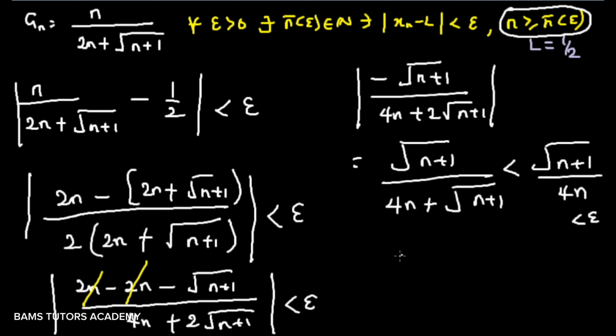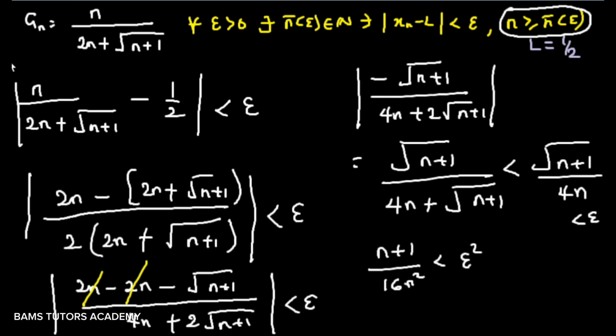So I can now work with making it happen. What will I do to make this work? What if I take the square of both sides? I would have n plus 1 over 16n squared less than epsilon squared. That makes sense.